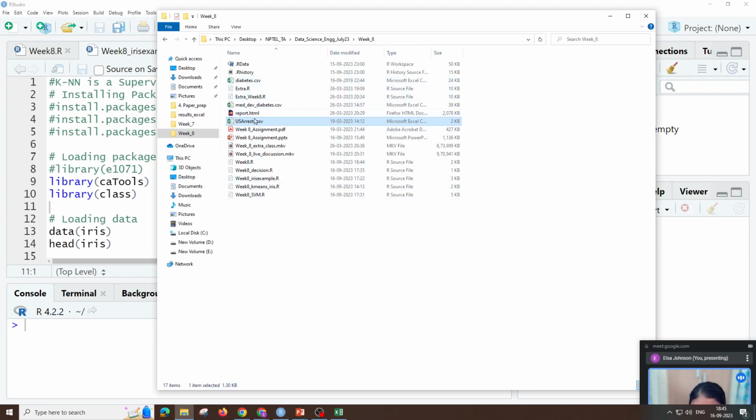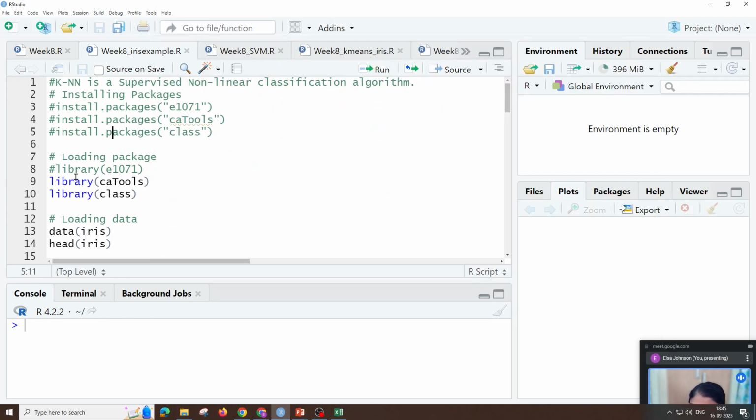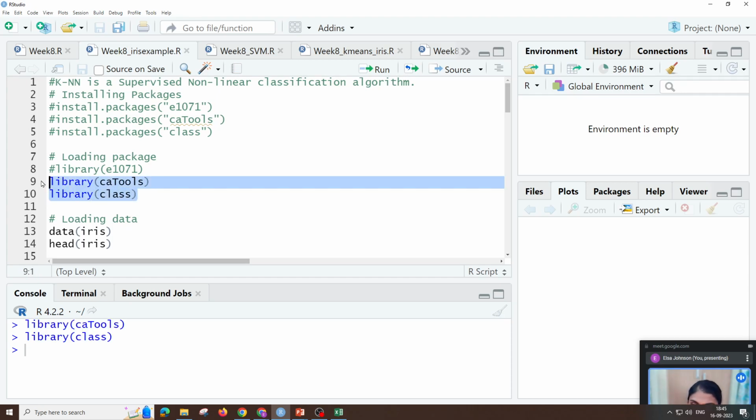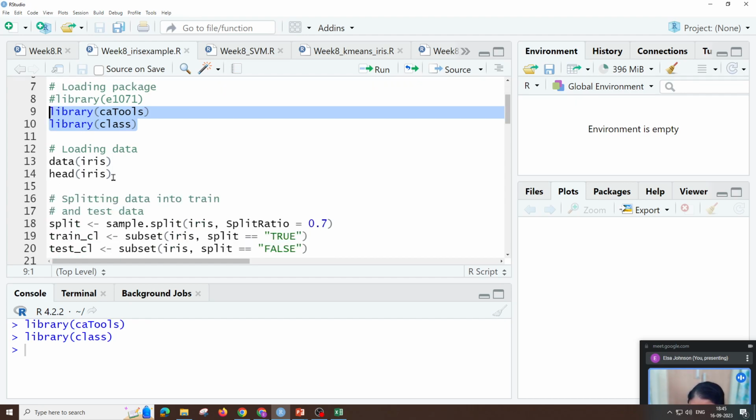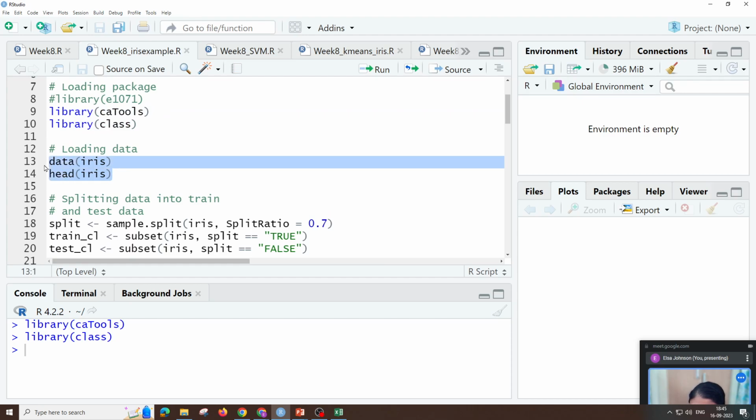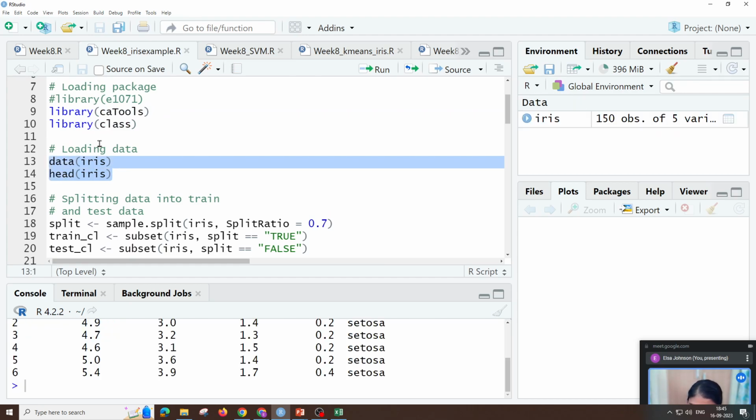I don't have the data set here, but the data is already present in RStudio, so it's okay. I'll just install the libraries required, and we'll be looking at the iris data set.